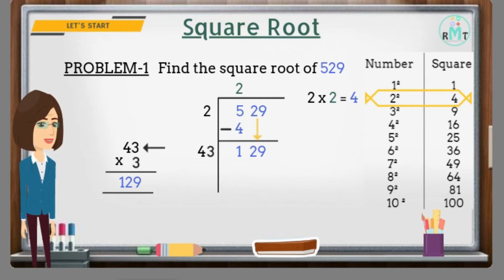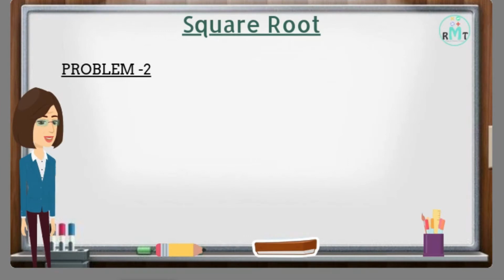Now, on multiplying 43 with 3, we get remainder equal to 0. Therefore, the square root of 529 is 23.